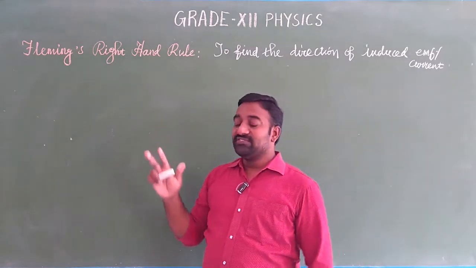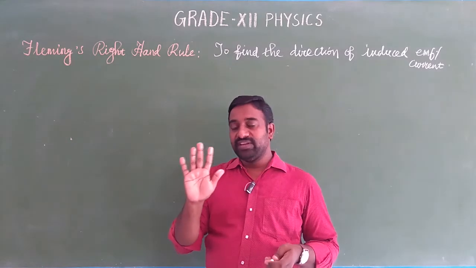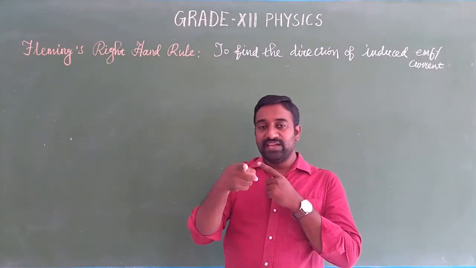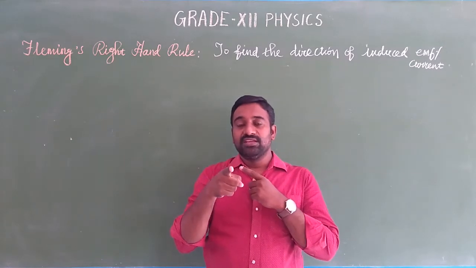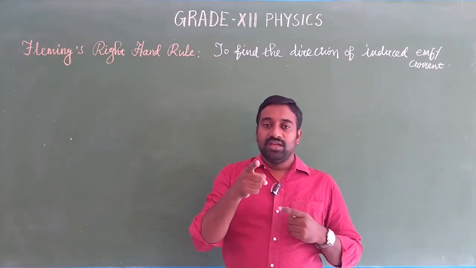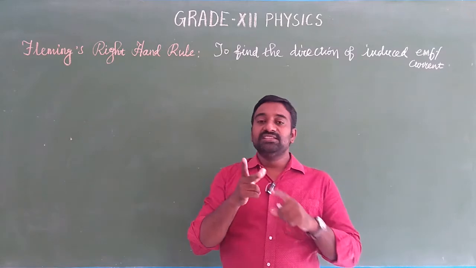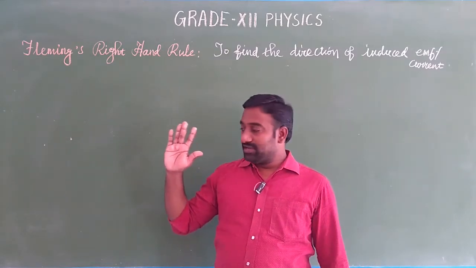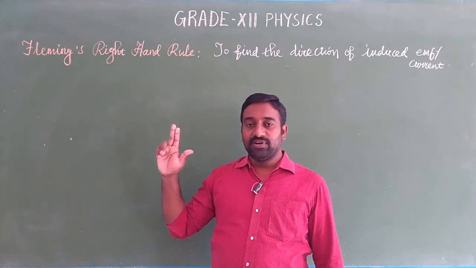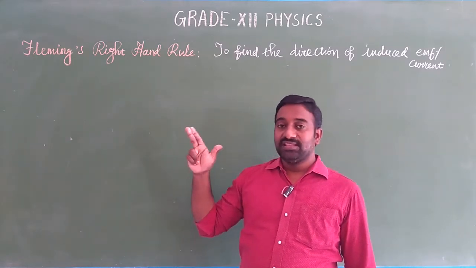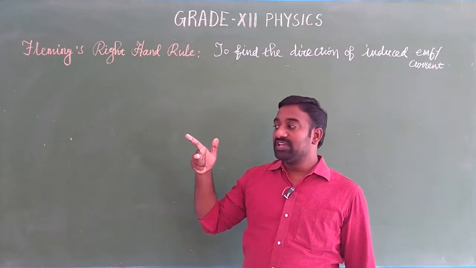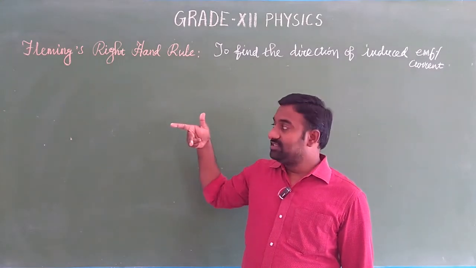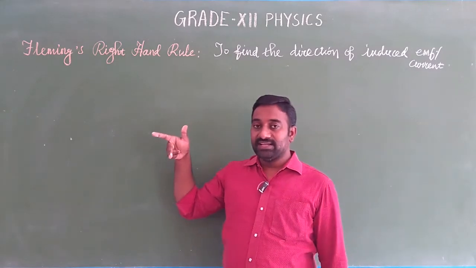Okay, stretch the first three fingers. We have 5 fingers in our hand. This is the thumb, this is the forefinger, or index finger, and this is the central finger. Stretch the first three fingers of your right hand such that they are mutually perpendicular to each other.